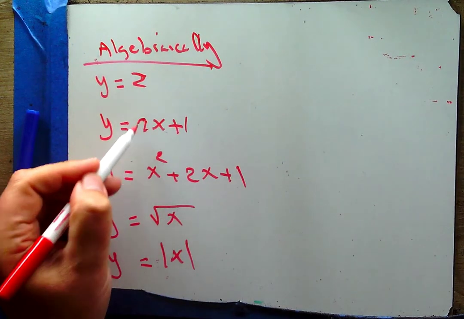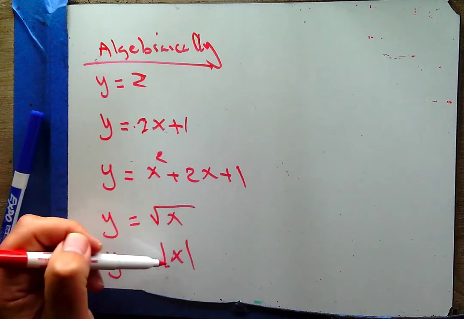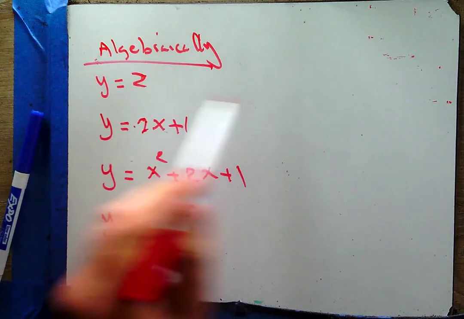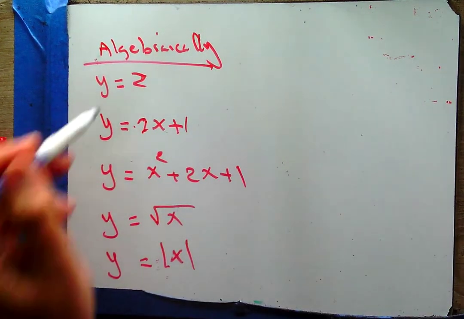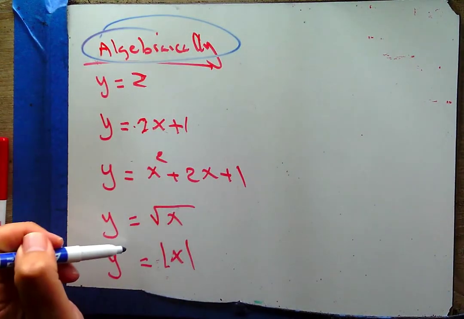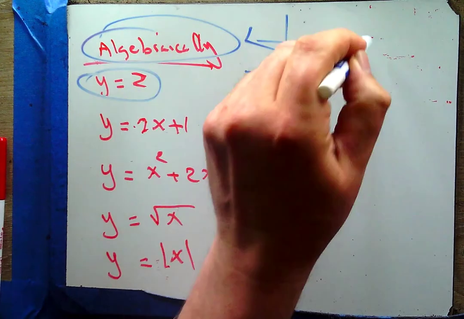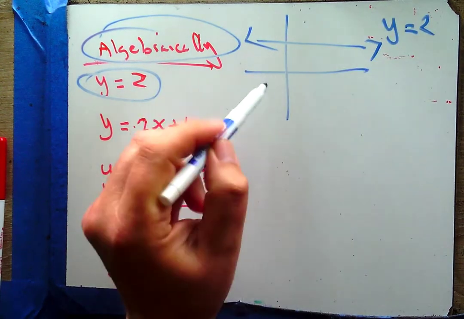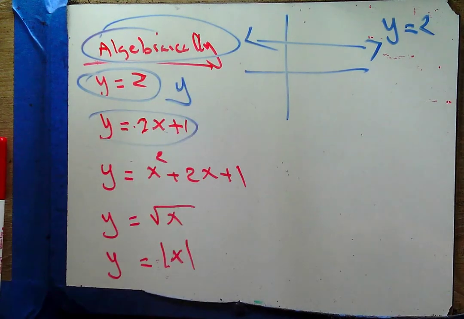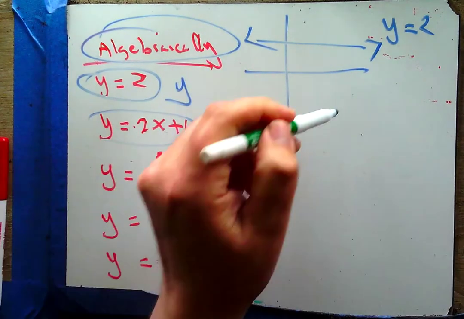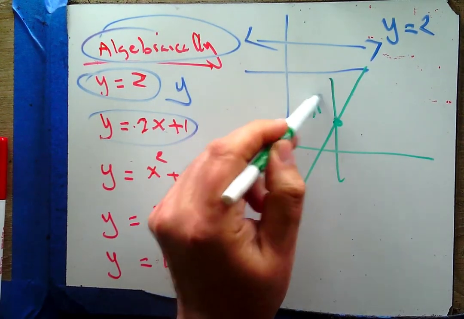So, we've got a linear function, we've got a quadratic, square root, absolute value. What do you know about the graphs of all of these? And that's really the way I want to answer this question algebraically. Someone gives me a function, but what I start thinking about is, what does that look like? Well, it looks like the horizontal line y equals 2. Well, that passes the vertical line test, so that's good. What about this one? y equals 2x plus 1. Well, that's a linear equation with a slope of 2 and a y-intercept of 1.